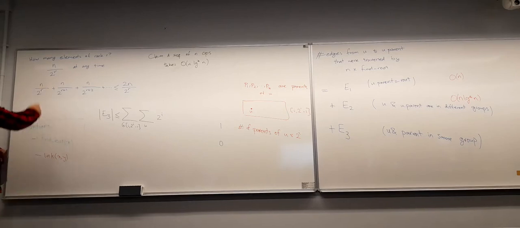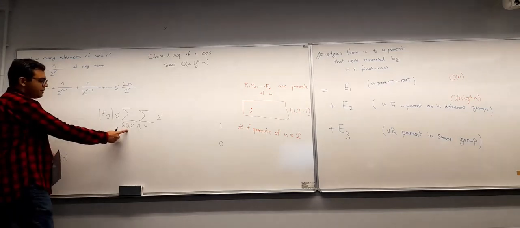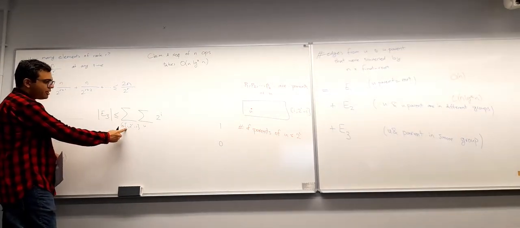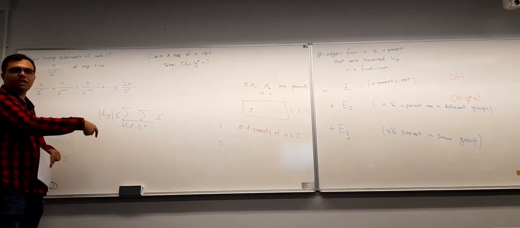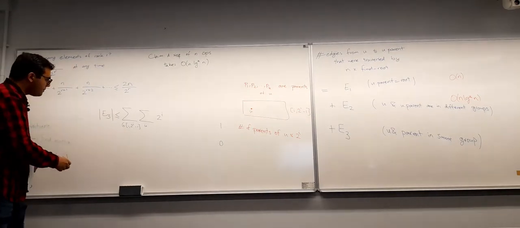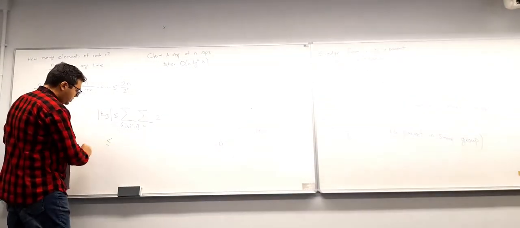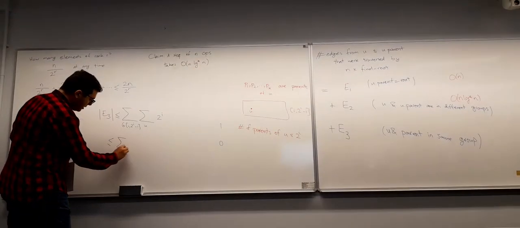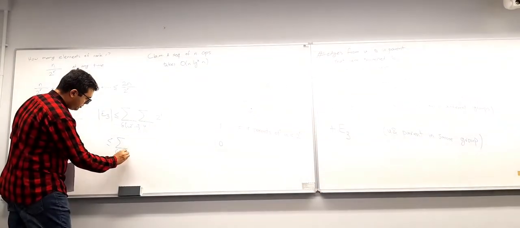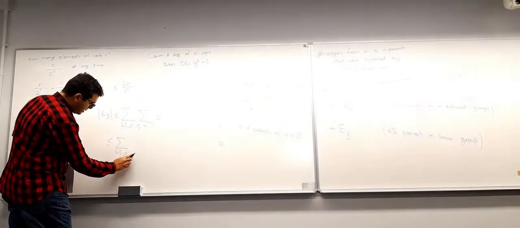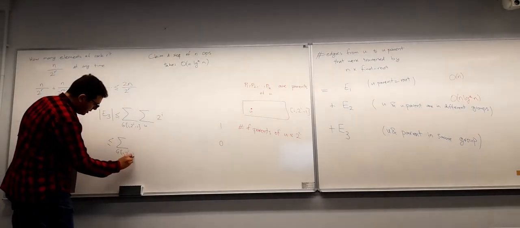Yes, it's just this thing here, right? So the number of elements that I can have in this group is the number of elements of rank I plus the number of elements of rank I plus 1 plus the number of elements of rank I plus 2 and so on. So it's at most the sum, I'm going to put this one here, I to 2 to the power of I minus 1.